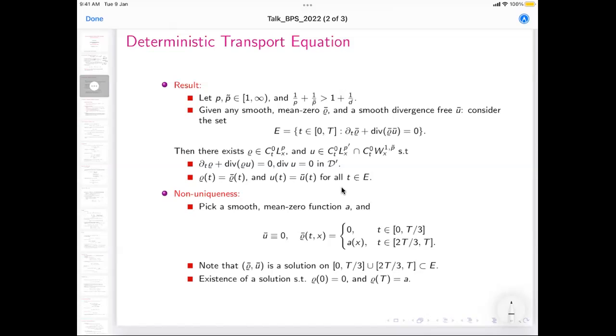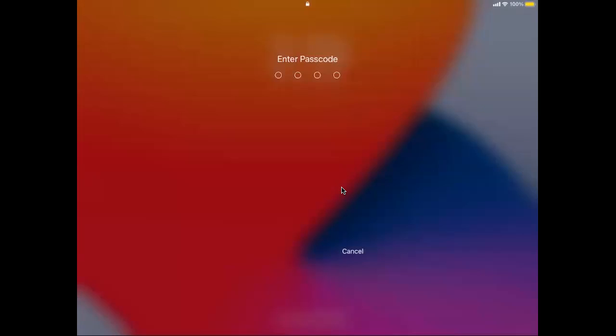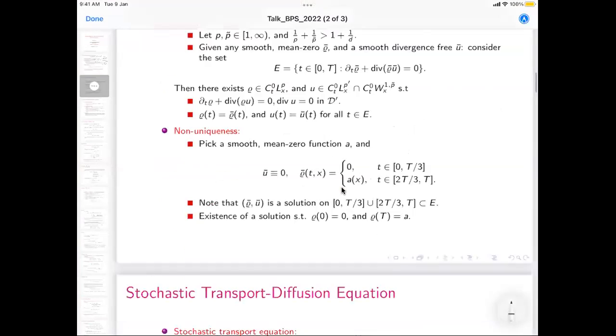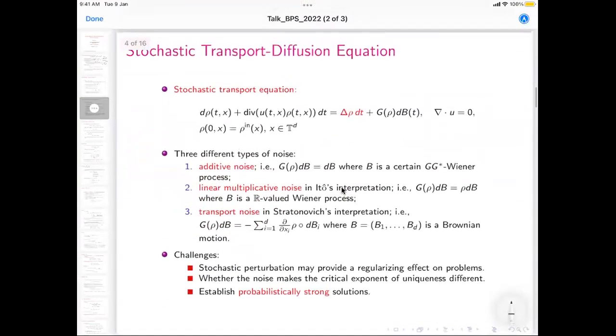Okay, so I will try to give a proof of this result. Before that, let me say what we are doing. First of all, I want to mention that you can actually deal with diffusion also. And that's non-trivial, because if you think about it, the nonlinearity is giving you non-uniqueness, but the diffusion will smooth out things, right?